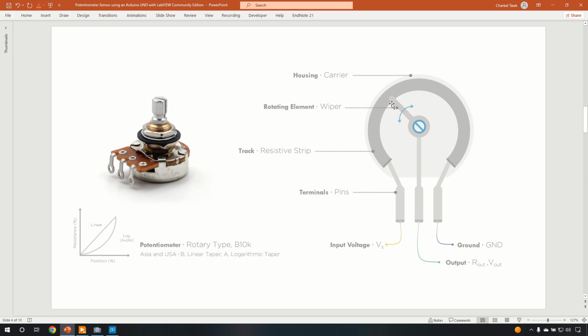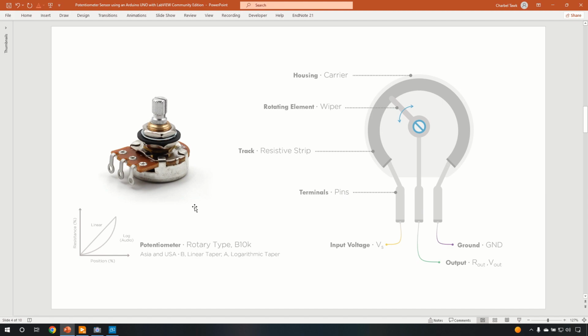And by rotating the wiper clockwise and counterclockwise, what we are doing is we are changing the effective lengths right here of the resistive strip, and therefore we are changing the voltage between this terminal right here, which is Vs, where we are supplying the voltage, and the output terminal right here. And therefore we can have a variable voltage, or in other words, a variable resistance that we can measure.